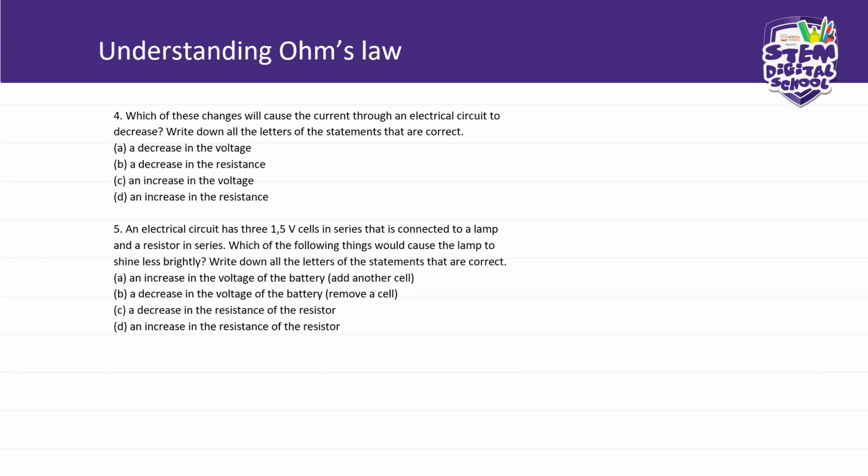B, a decrease in the resistance. C, an increase in the voltage. D, an increase in the resistance. What is it that will decrease current? I want your answers.